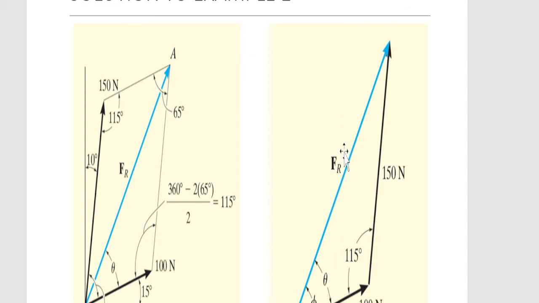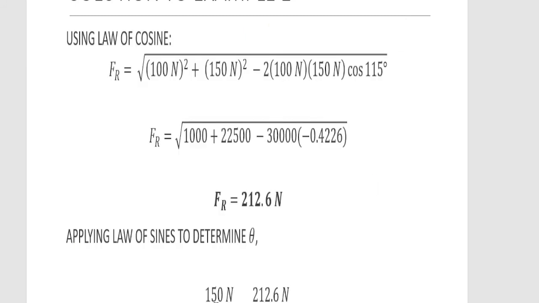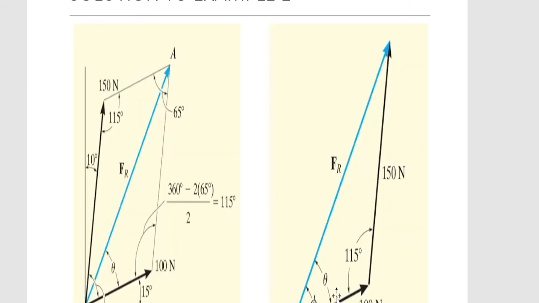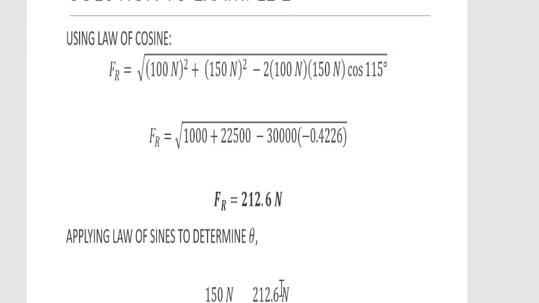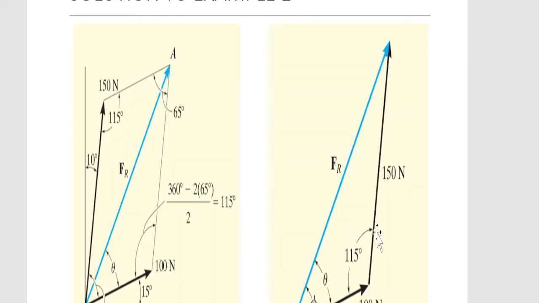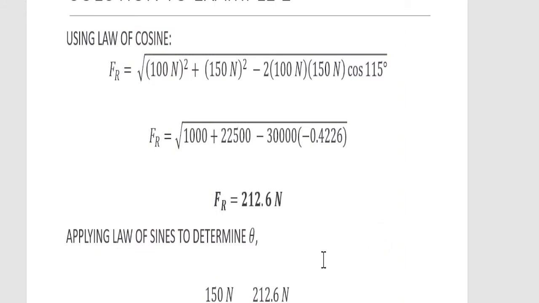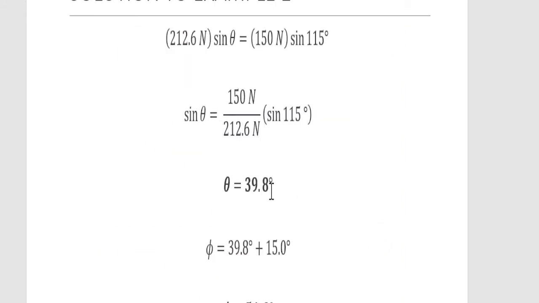So since we need to find this angle, we can use sine 150 divided by sine theta equals, we can use FR, since we already found FR, 212.6 Newton divided by sine 115 degrees. So when you solve that, the answer for theta is 39.8.